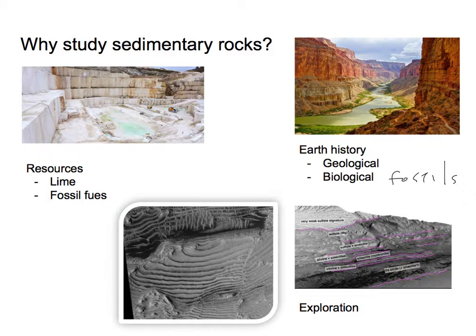We have a variety of important resources from sedimentary rock. Lime is very important in construction, and of course, fossil fuels are the basis for our economy right now. And then, I've got my interest in Mars, and we're exploring more and more interesting sedimentary layers on Mars.